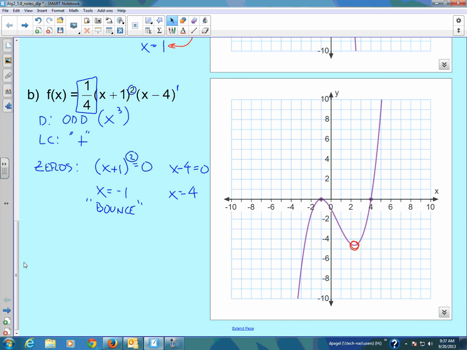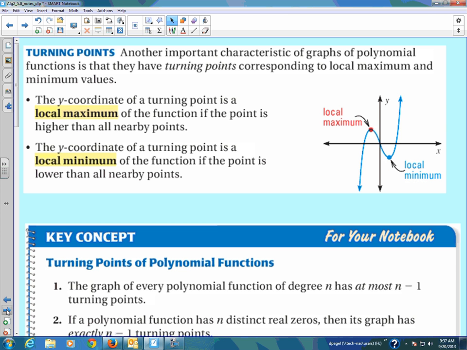Now let's take a look at what we were talking about a little while ago, and that is our local minimum, local maximum, and then we're also going to talk about these things called turning points. So the turning points are the places where our graph changes direction. They correspond to these areas that we refer to as local maximums and local minimums.